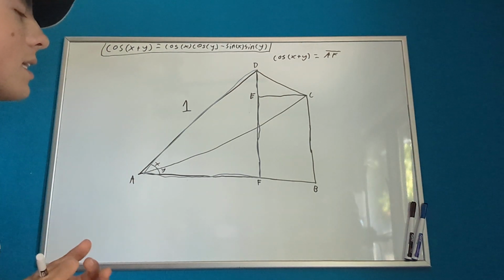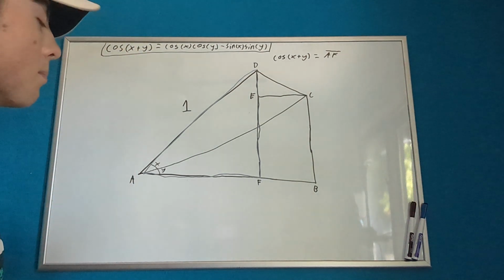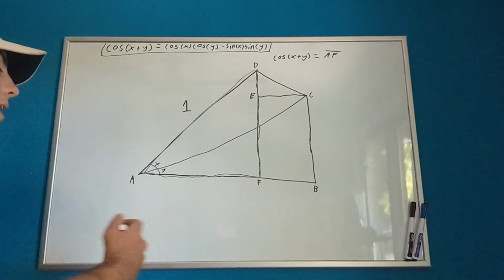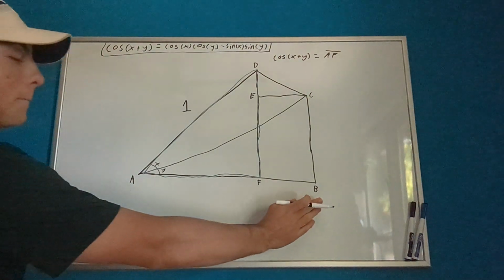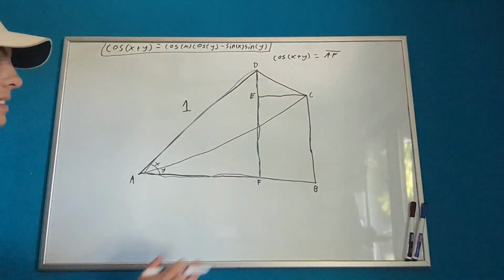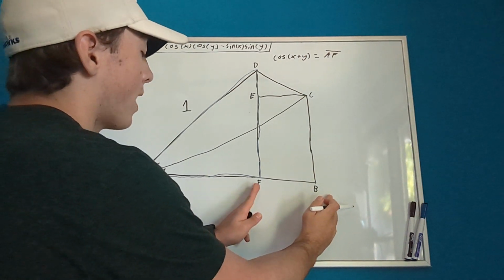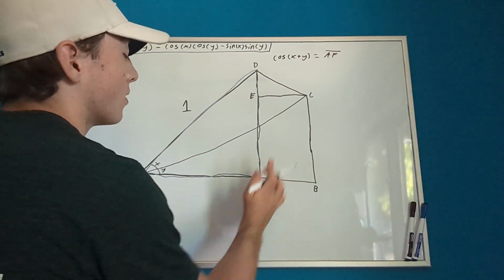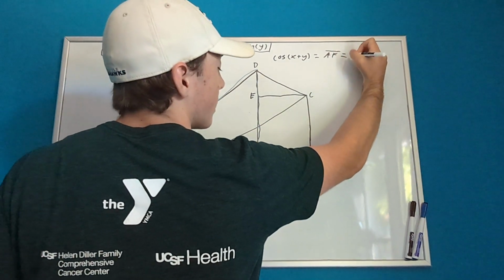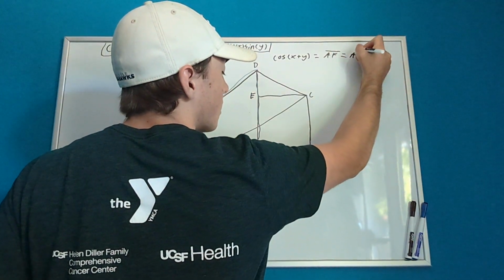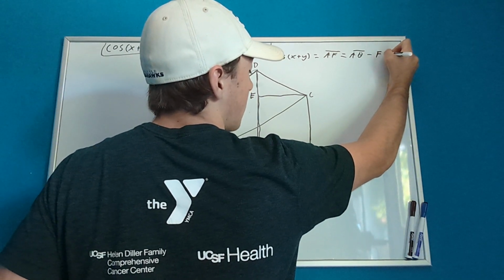The next thing we want to do is break AF into some different parts. What can we break it down into? We can break it down into line segment AB minus FB, because if we have this whole thing and we subtract this bit, then we're just left with that original bit. So this is equal to line segment AB minus line segment FB.